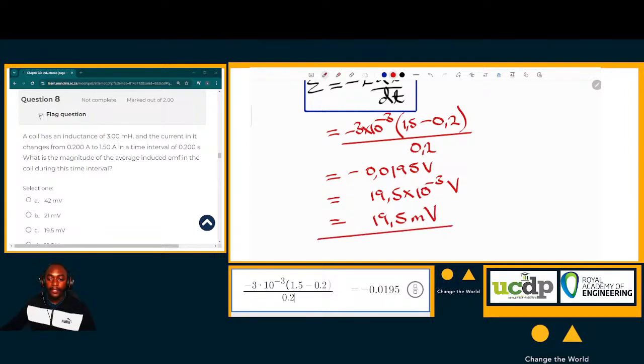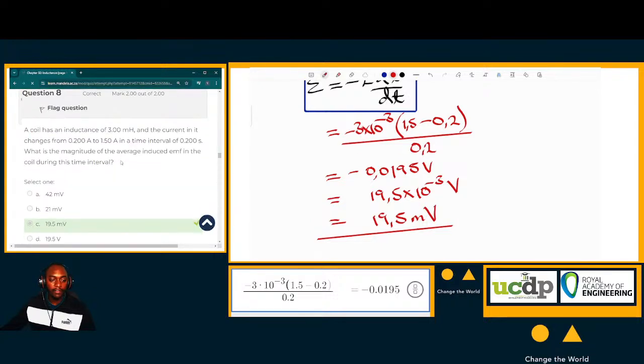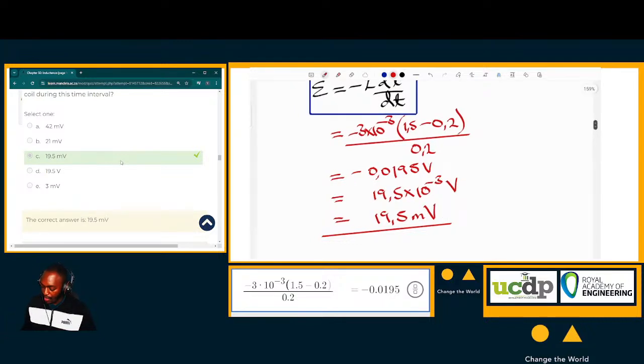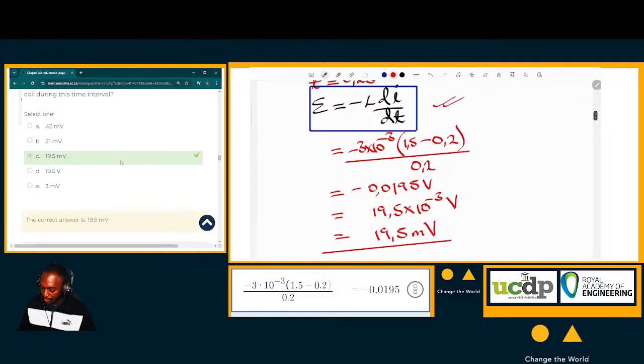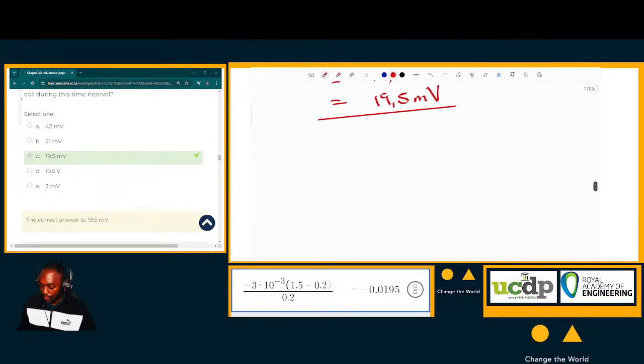And we do have an option for that, so we can check, see 19.5 millivolts, so that should be our answer. So this is quite straightforward. What you need is to remember your equation and also remember how to apply it appropriately. I don't think there might be any issues on that one.